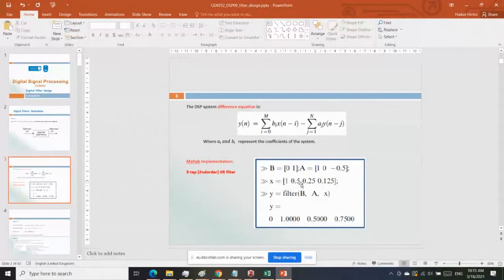And suppose we're given an input x, which is 1, a half, a quarter, 1, 2, 5.